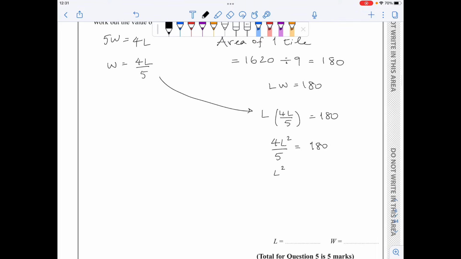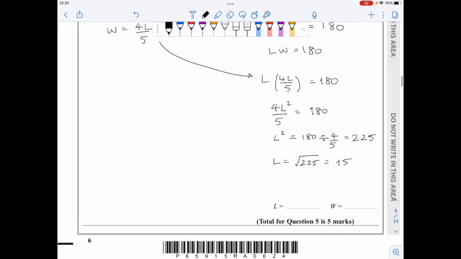L squared will be 180 divided by 4 over 5. This gives me 225. So L is the square root of this number, which is 15. And finally, W is equal to 4/5 of 15. So W comes out to be 12.